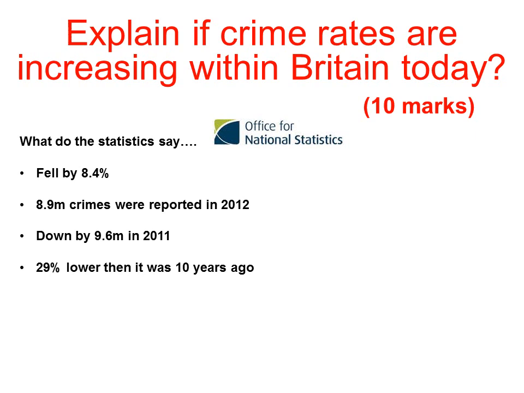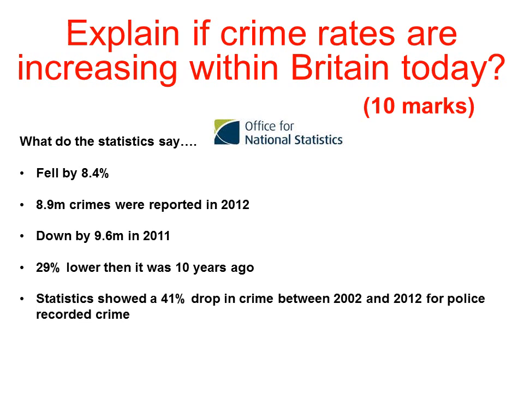So again, the statistics are suggesting that crime rates have decreased. Now, looking at recorded crime, statistics showed a 41% drop in crime between 2002 and 2012 for police recorded crime. So that means crime that has actually been recorded by the police.